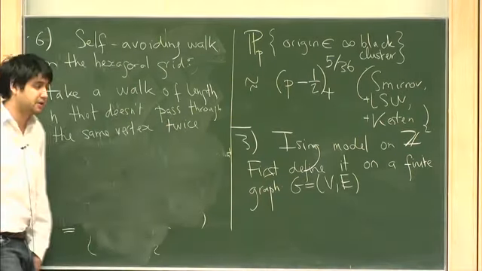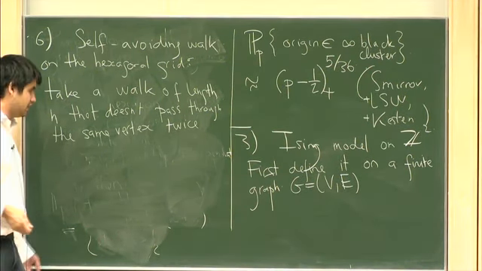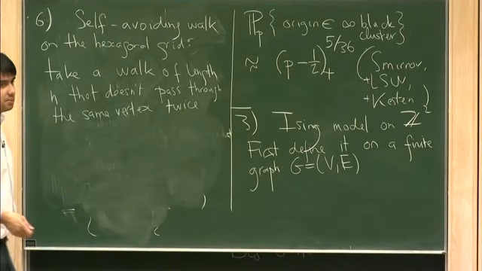That's why it's self-avoiding. So you have a finite number of such walks, and that's a model that people study a lot.